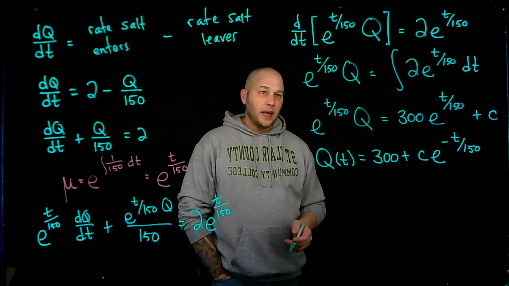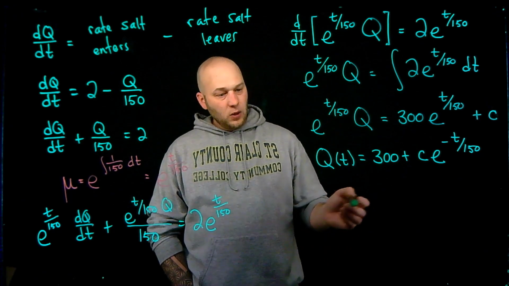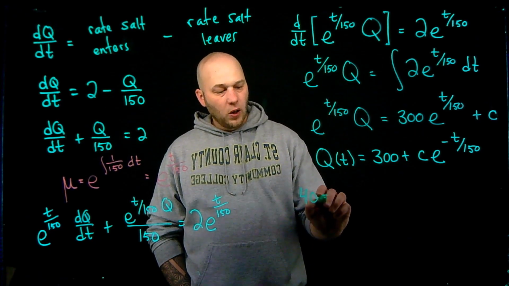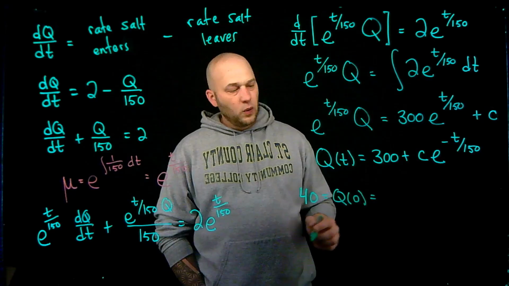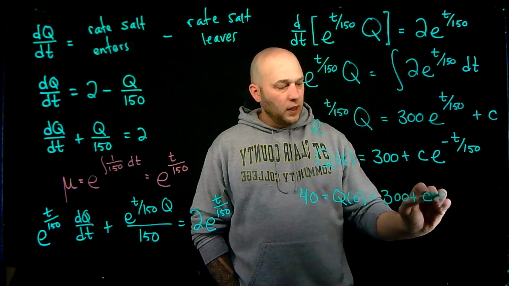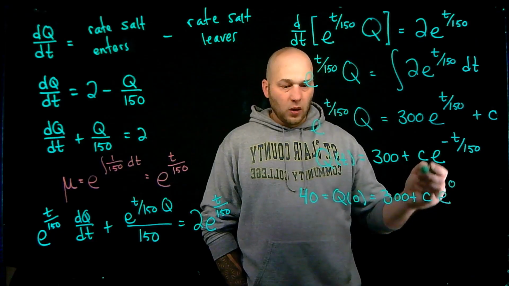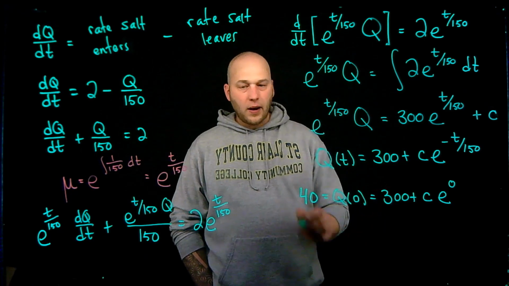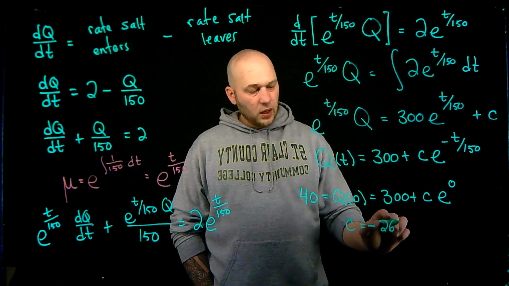Of course, I've got that constant of integration that we have to figure out the value of, and I can do that by using my initial condition. That 40 was the initial quantity of salt, and so 40 is equal to Q(0). On the other hand, Q(0) is 300 plus Ce^(-0/150). Negative 0 over 150 is 0, e^0 is 1, C times 1 is C. So to solve for C, I just subtract 300, and I get C is negative 260.